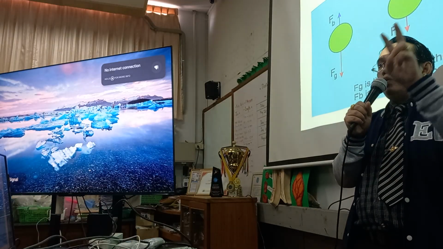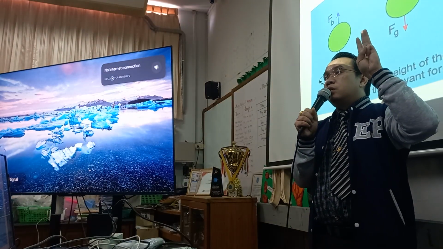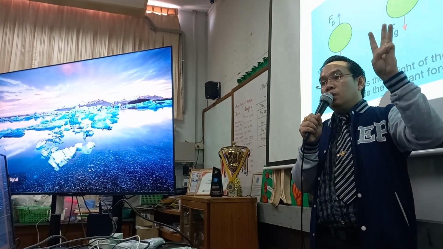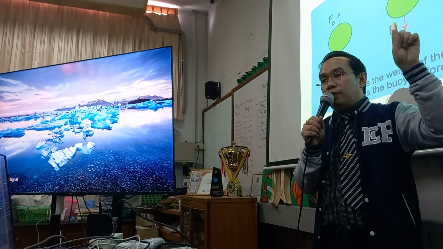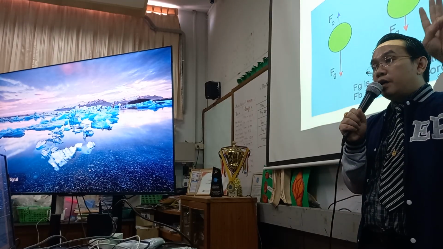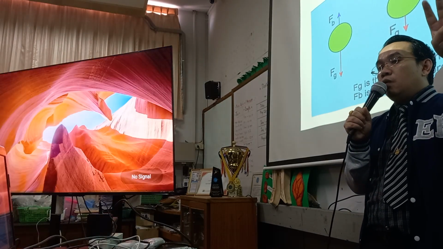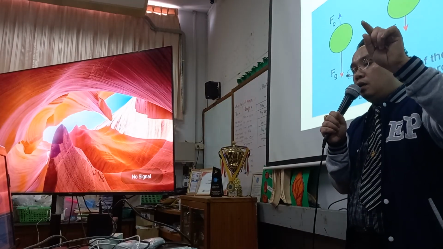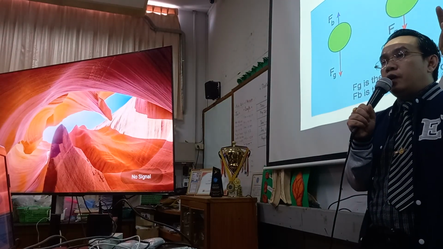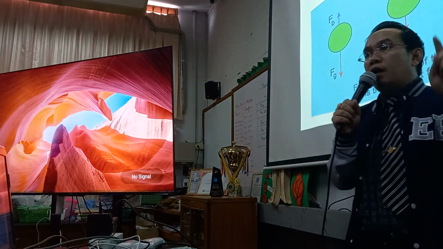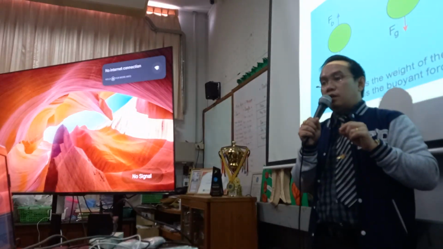So take note, we have three important components in buoyant forces: positive buoyancy, negative buoyancy, and neutral buoyancy. Negative buoyancy is the ability to sink, in which the buoyant force is lesser than the gravitational force of an object.